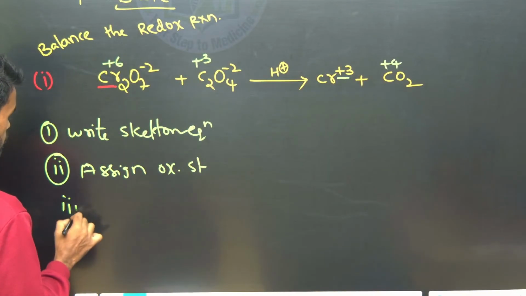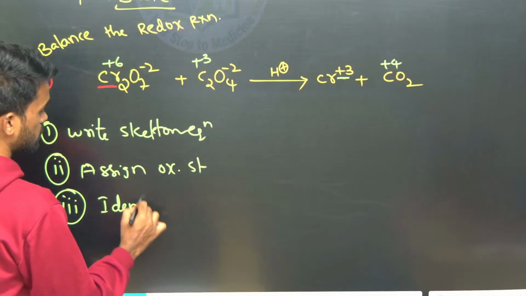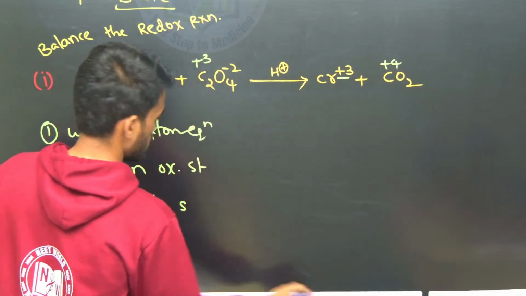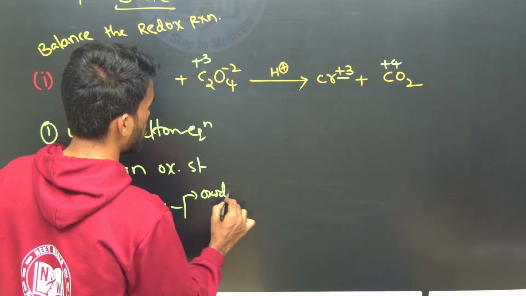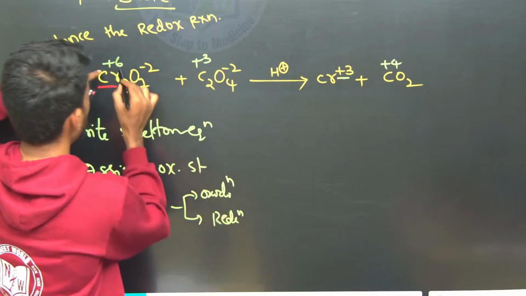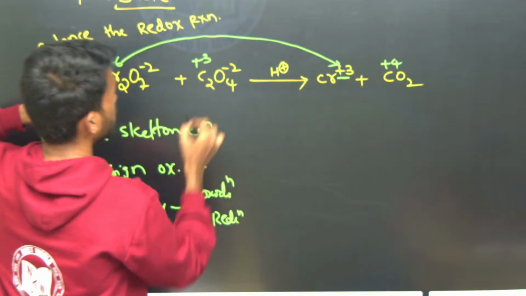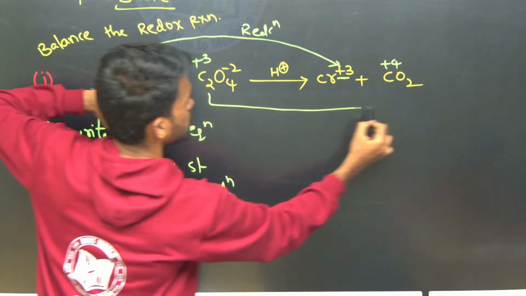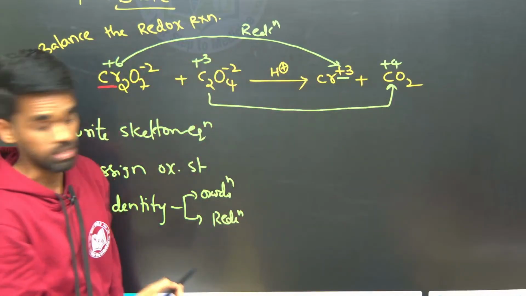Next, identify the species undergoing change in oxidation states, the species undergoing oxidation and reduction. See, plus 6 is converting into plus 3. So what is this? Reduction. What about carbon? Carbon is going from plus 3 to plus 4, which means oxidation.